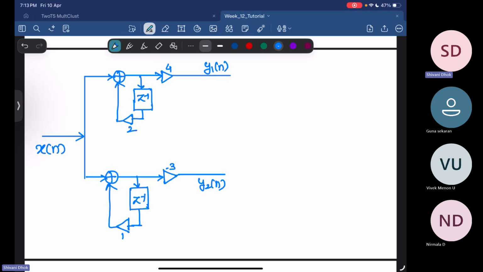And your y of n is what? Your y of n is basically y1 of n plus y2 of n. So you have an adder block. You add both of these outputs to get y of n.